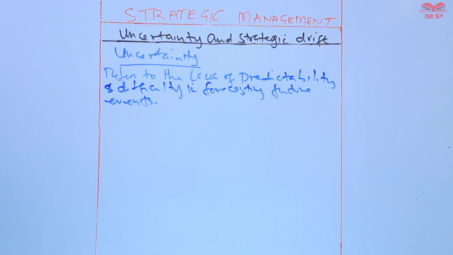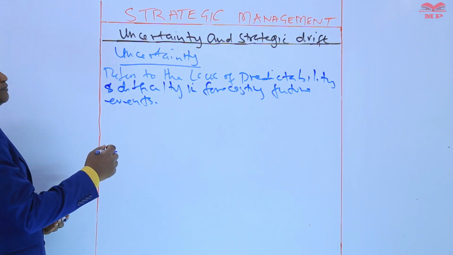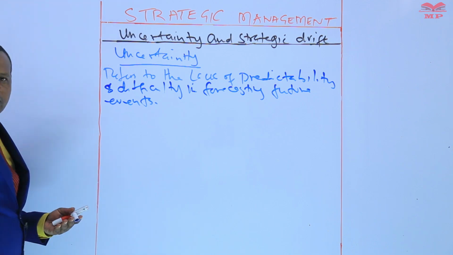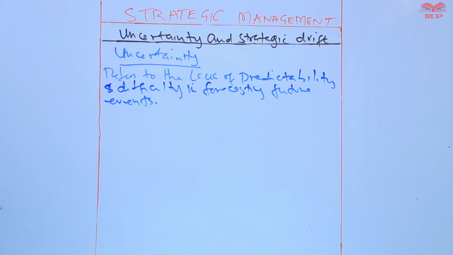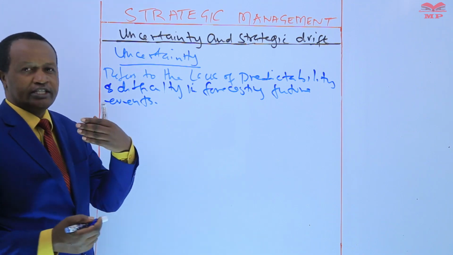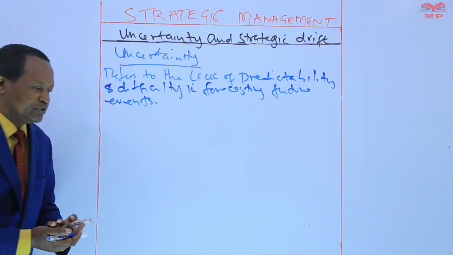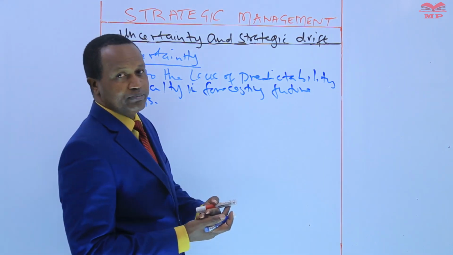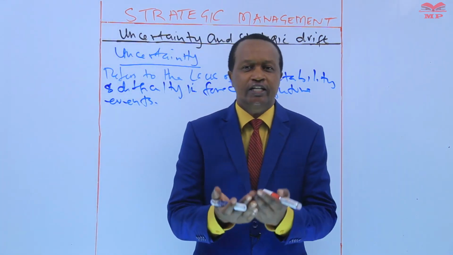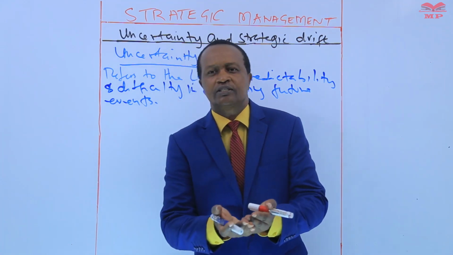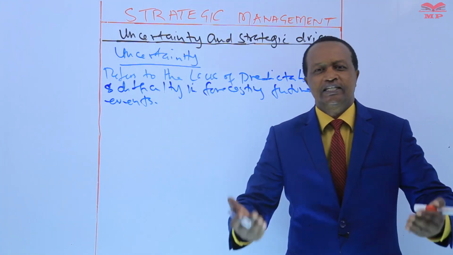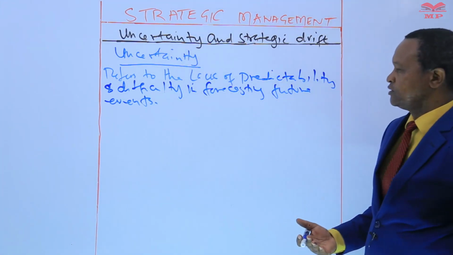And I've said that this unpredictability can arise from various factors like the external environment. By external environment, I mean the changes in technology, changes in economic conditions, changes in the political landscape, social trends, competitive forces, which can create uncertainty for organizations.